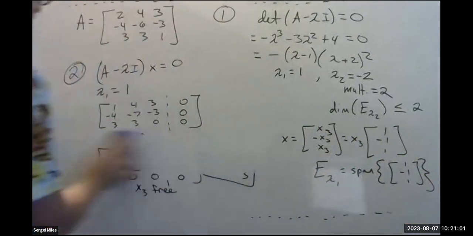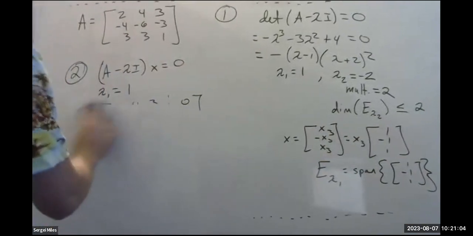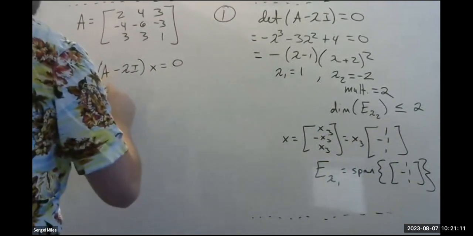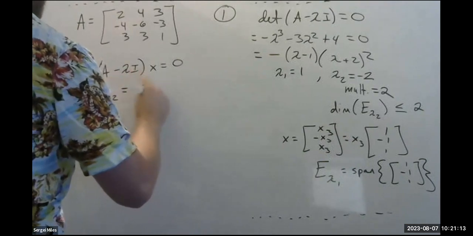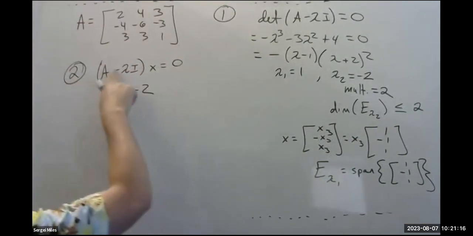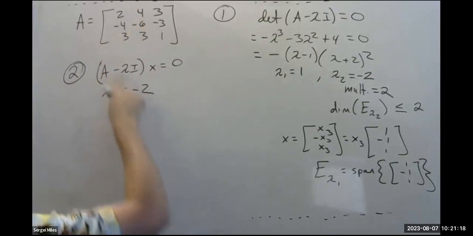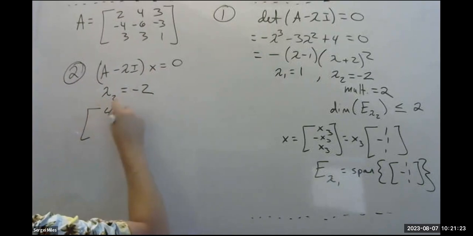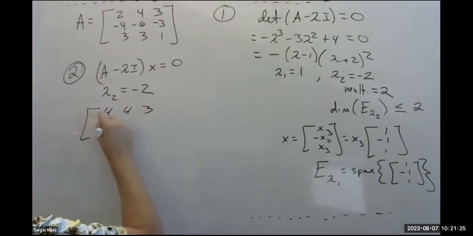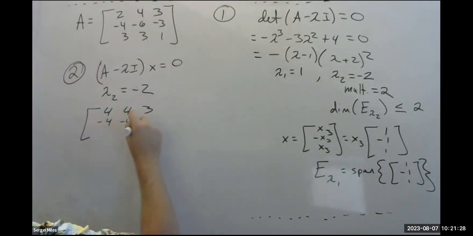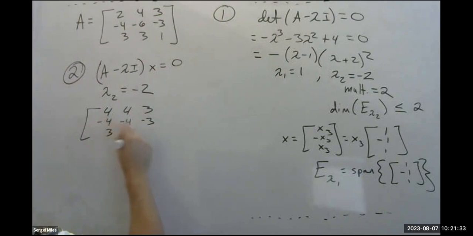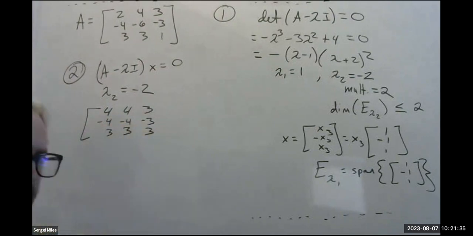Now rinse and repeat. Let's do the same process, but now for the second eigenvalue, lambda 2 equals negative 2. So now I'm going to add 2 down the diagonal, so I have a double negative. So I'm going to have 4, 4, 3, negative 4, negative 4, negative 3, 3, 3, 3.